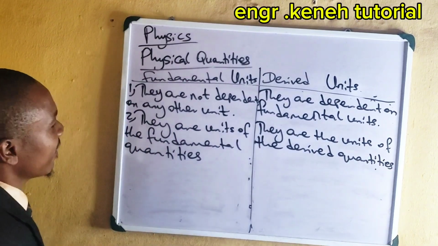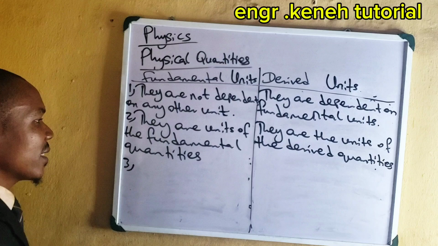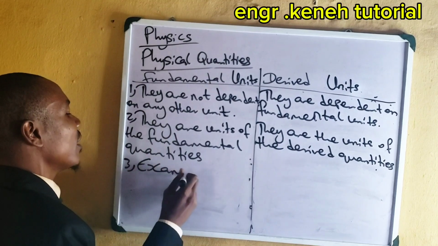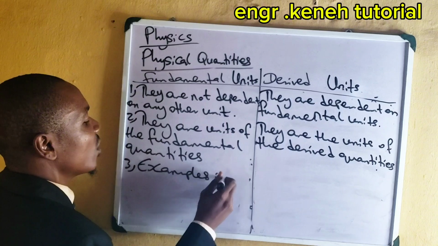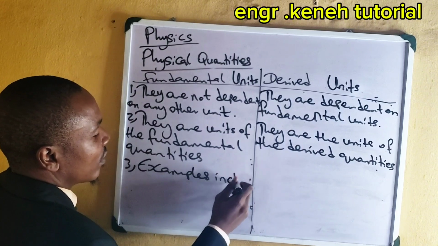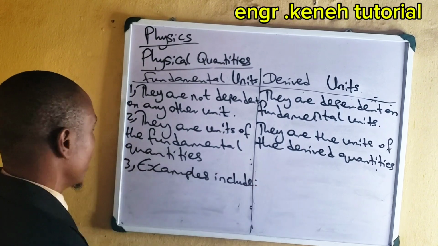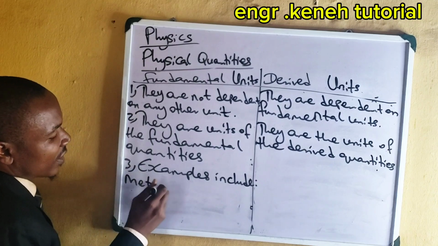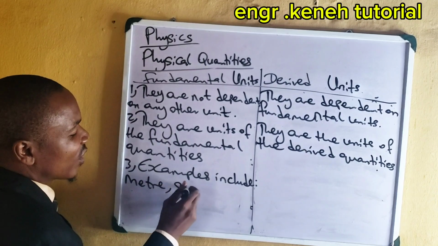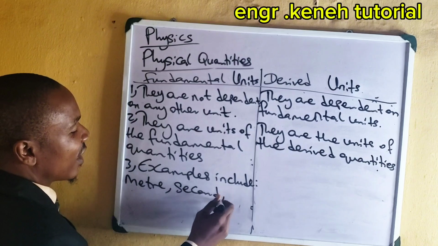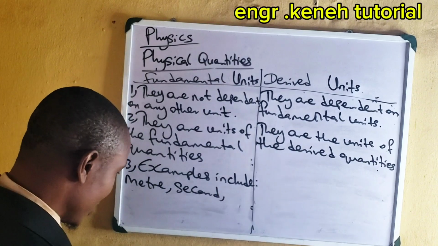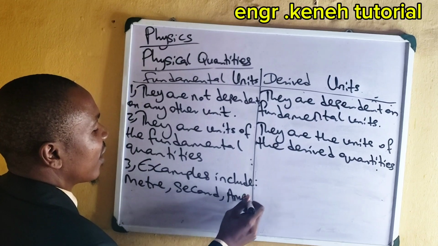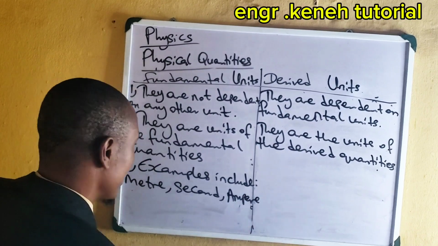Next one we have is number three. I can use examples. I'll write examples include: here I have meter, second, ampere, that's the unit of current.